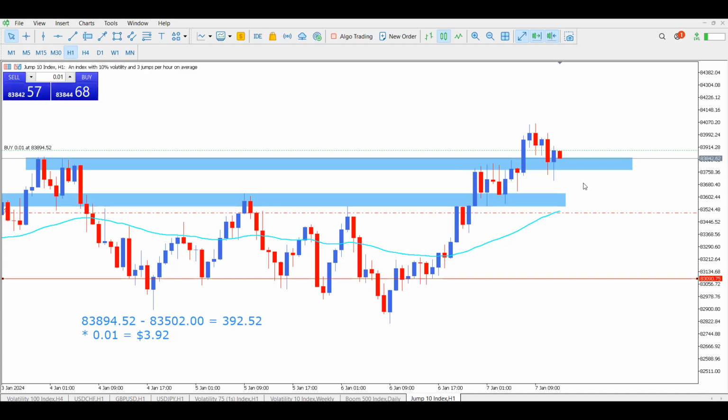Now, because the majority of persons don't take trades using computers, and obviously the majority of persons that do take trades using the computer are not aware that you can simply move your arrow all the way to your stop loss or take profit point, and that automatically tells you the calculated loss or profit on that current position.